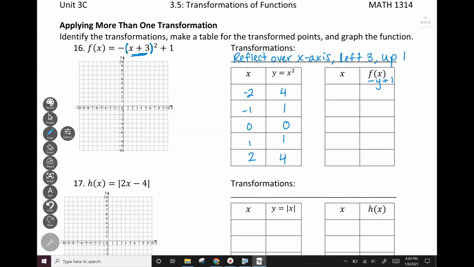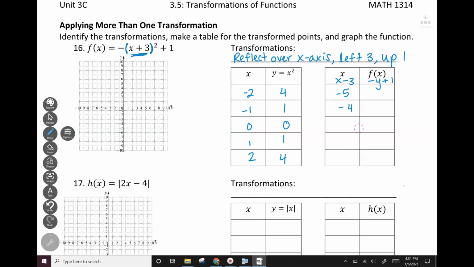Now the 3 is on the inside of the parentheses, and so you're going to do x -3 there. Always the opposite sign. It makes it move in the opposite direction. So x -3. So now we can get our new points. It's very helpful to do tables when you have multiple transformations going on at once, because it can be a little tricky to do all of that work on a graph. So let's see, that'll be -5, -4, -3.